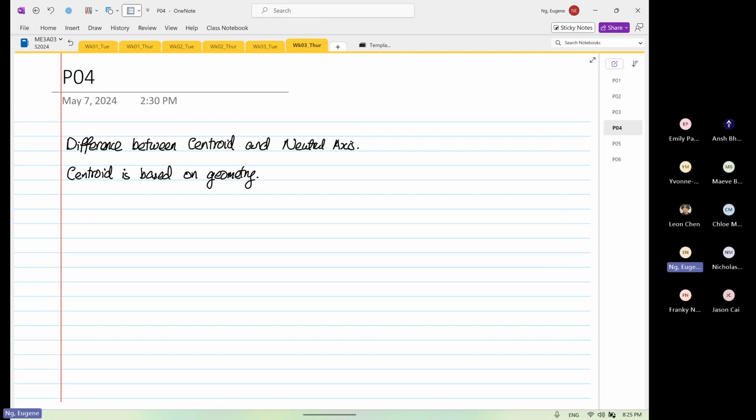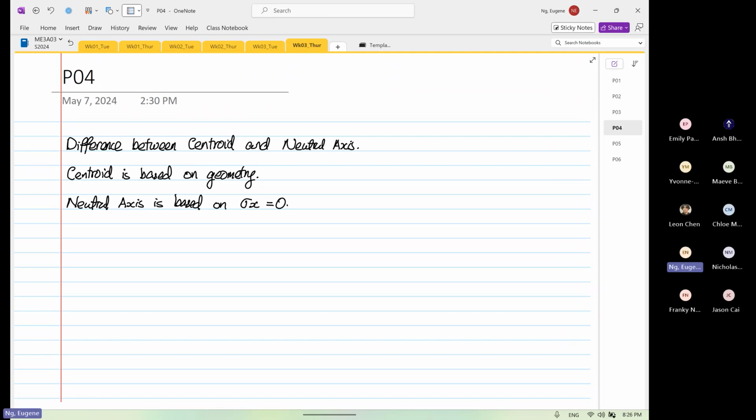Whereas the neutral axis is based on stress x is equal to 0. So very different. Okay, one is geometric, you acquire based on geometry. The other one you base on what? Stress field.